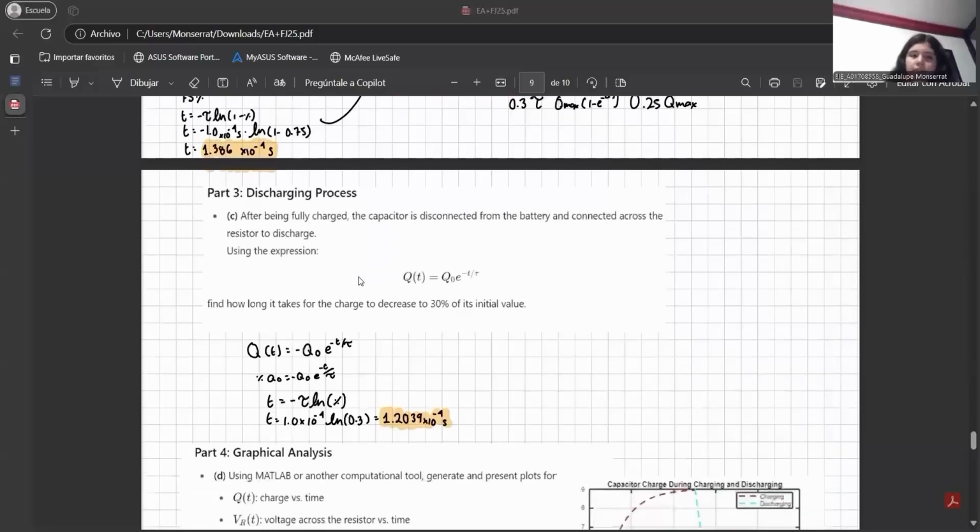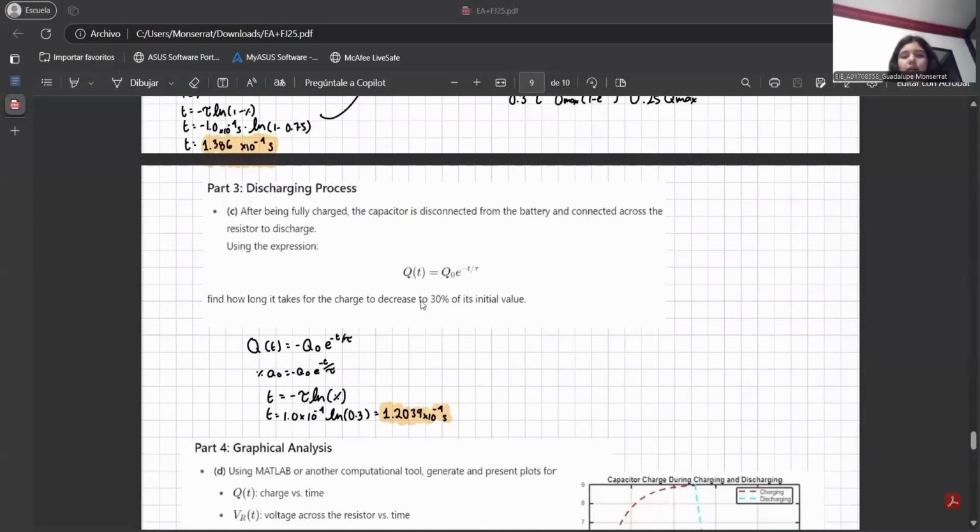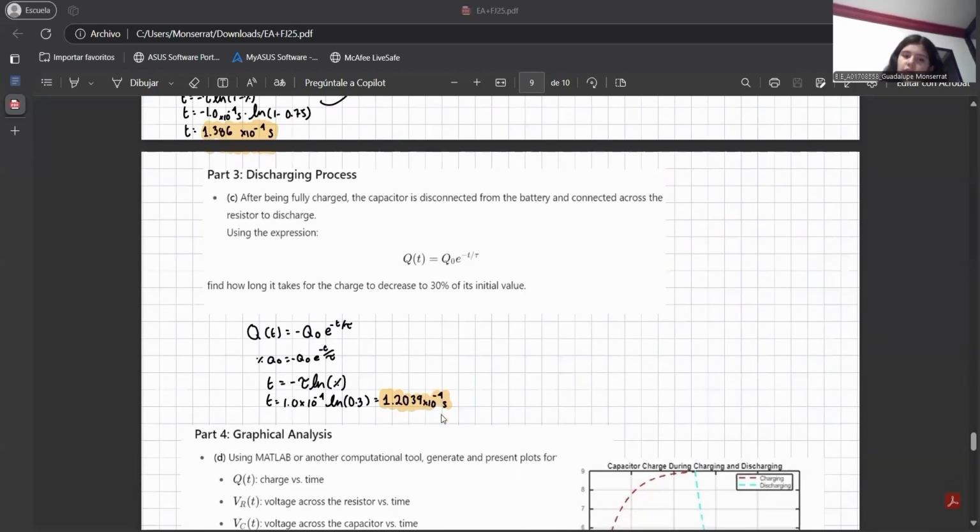Then for part number 3, we are using this formula and solving for t, and we have that to decrease to 30% of its initial value, we have 1.20 times 10 to the minus 4 power seconds.